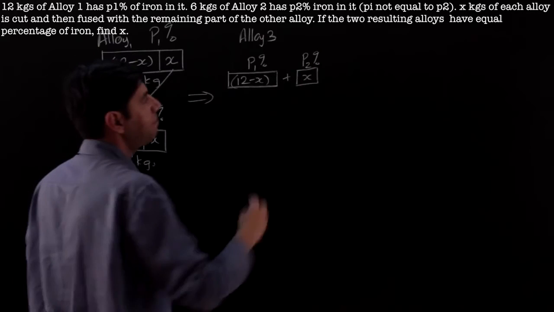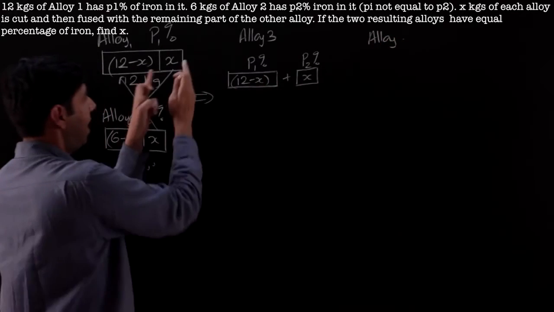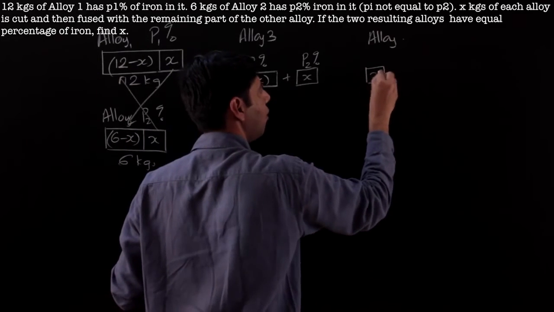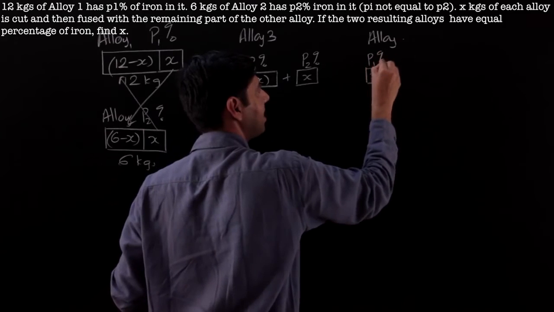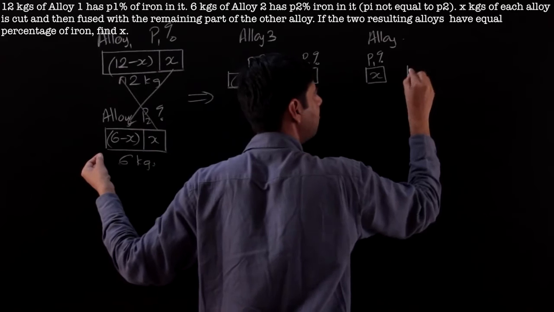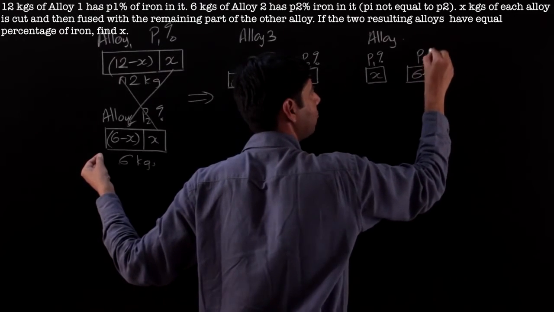This is my alloy 3, and alloy 4, the remaining part, the X kgs having percentage of iron as P1, is fused with the remaining part of the other alloy, which is nothing but 6 minus X kgs having P2.